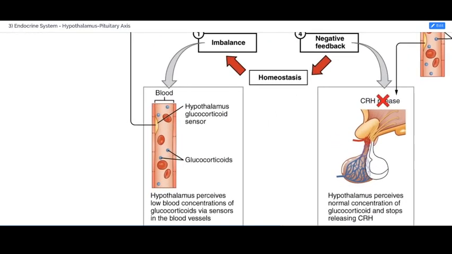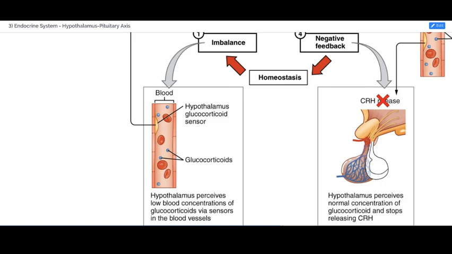To start the feedback loop that we're talking about here, let's start by considering when homeostasis comes out of balance. And so the example that we're going to be using is the level of glucocorticoids. Glucocorticoids are hormones that come from the adrenal cortex, and they are meant for controlling metabolic processes.